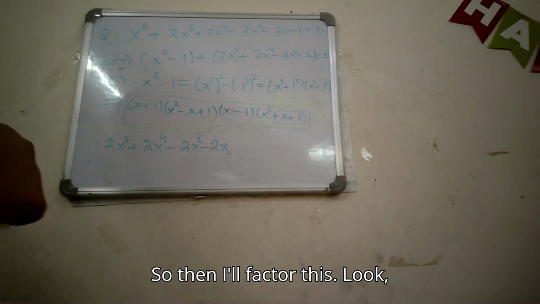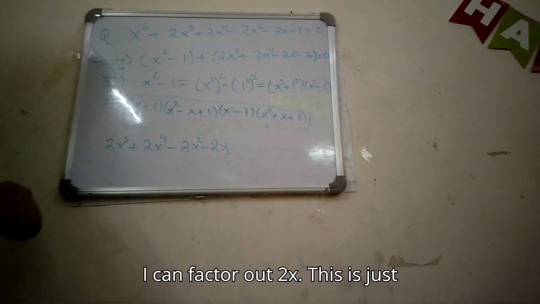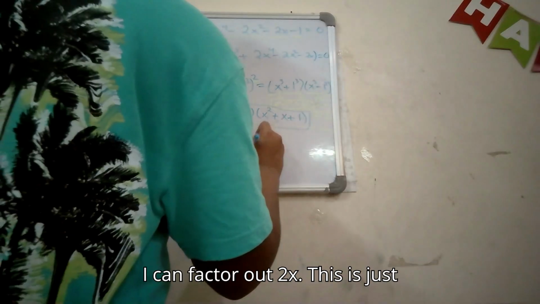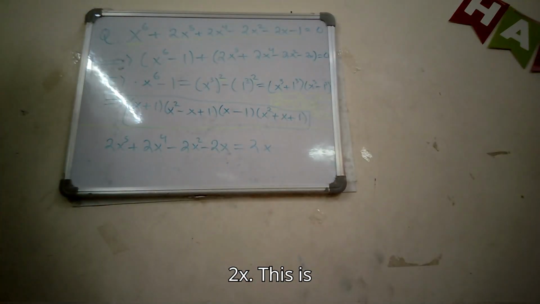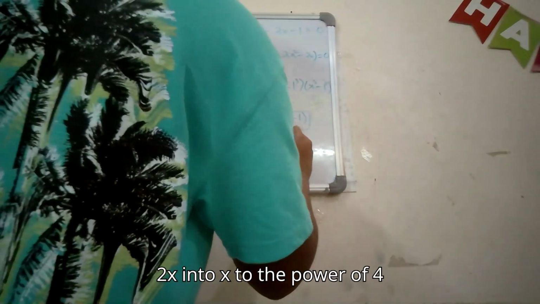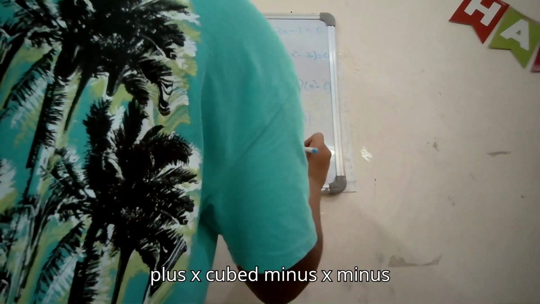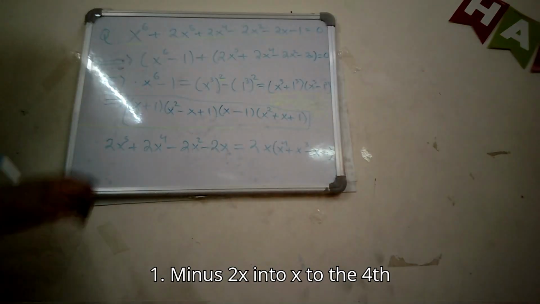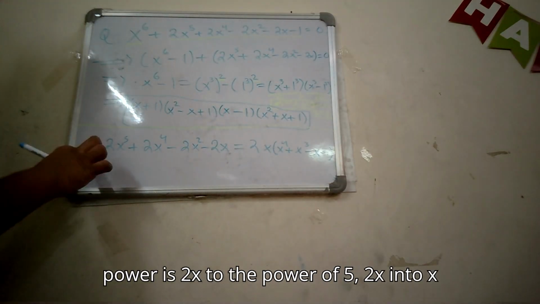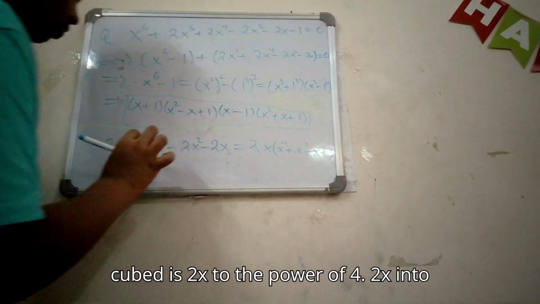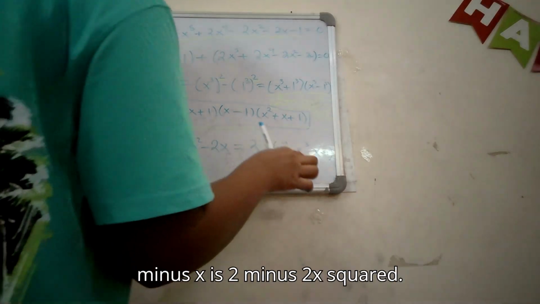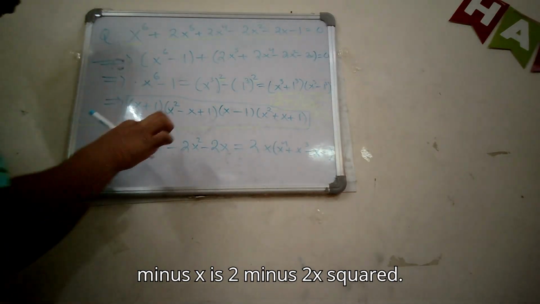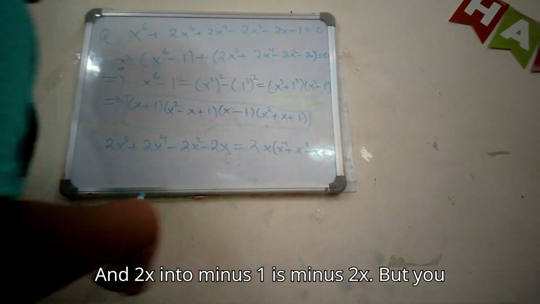So when you're factoring this, look, I can factor out 2x. This is 2x into x to the power 4 plus x cubed minus x minus 1. Why this? 2x into x to the 4 is 2x to the power 5. 2x into x cubed is 2x to the power 4. 2x into minus x is minus 2x squared. And 2x into minus 1 is minus 2x.